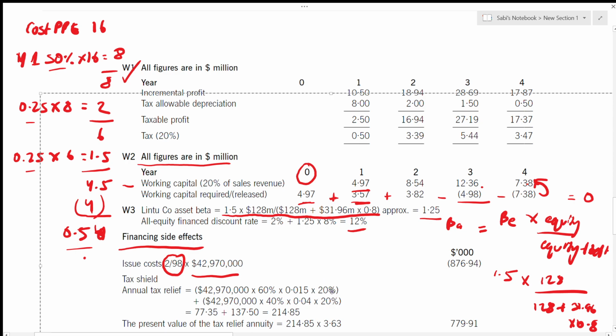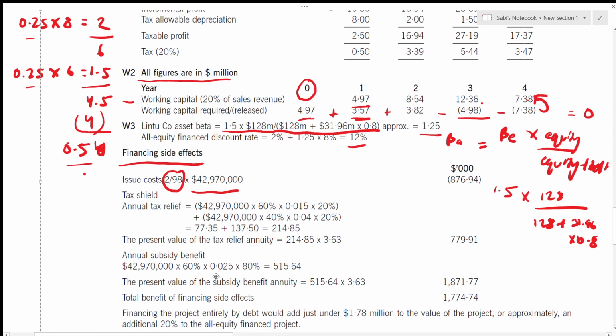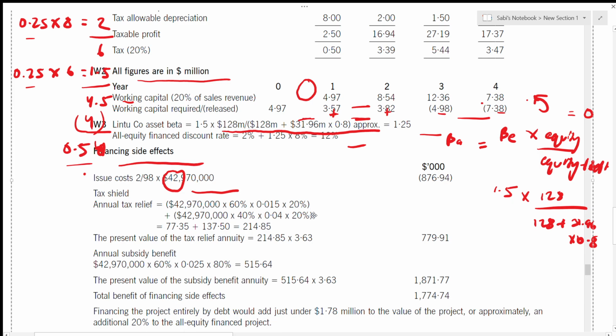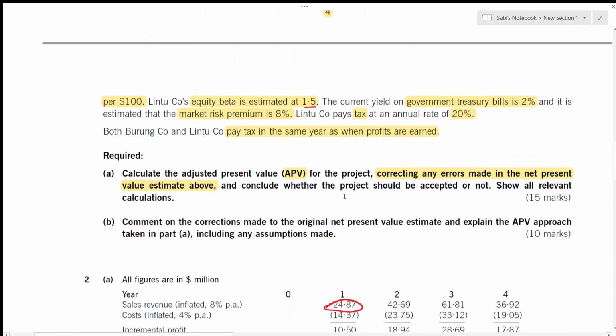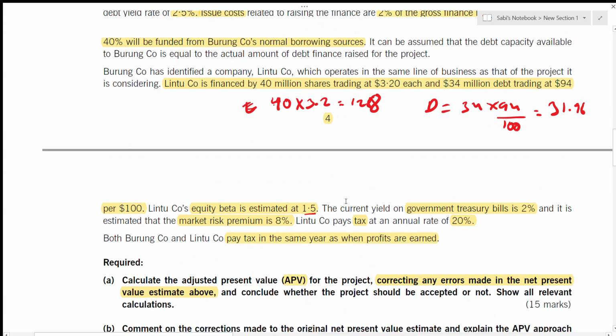Because tax is 20%, right? Addition, okay? Again, only 60% is debt finance out of this, but what about the other 40% that you have borrowed, right? So even that is also same 20%, except this rate. The rate is 4% now. How did they get this 4%? Let's go up and see how they got that 4%.